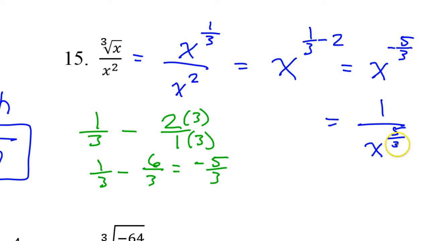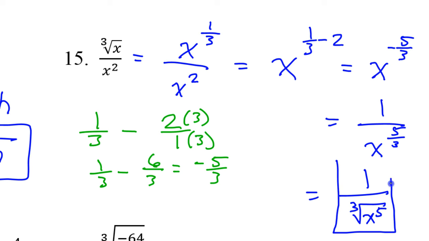Remember, this is power over root. 5 is the power, 3 is the root. So this would be the same thing as 1 over cube root of x to the 5th power. It doesn't matter whether you put the little 5 under the radical or outside the radical. It would be the same thing.